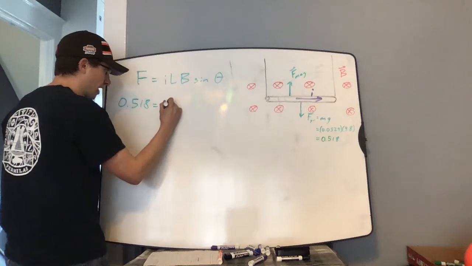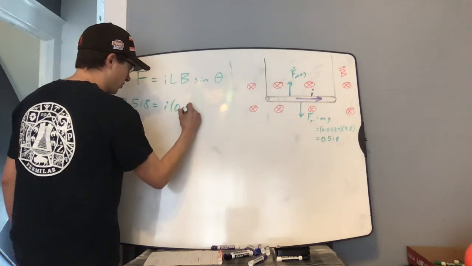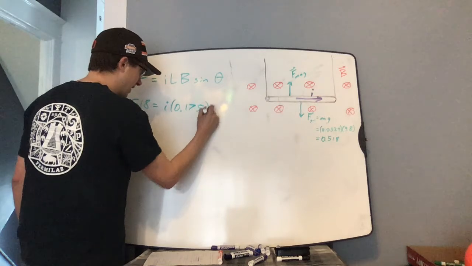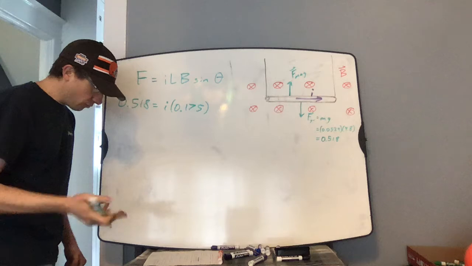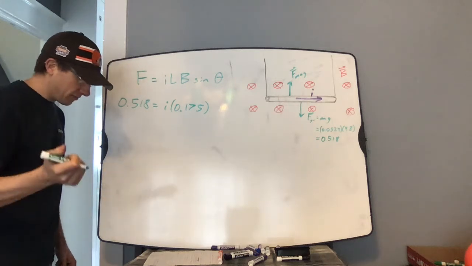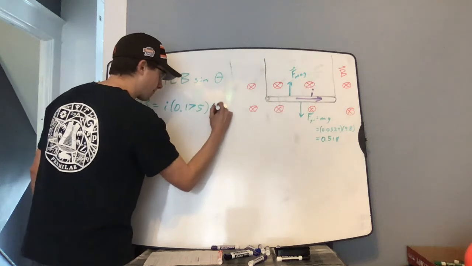The current in the rod is what we're trying to determine. We're given that the length of the rod is 0.175 meters. And we're given that the strength of the magnetic field is 0.615 Tesla.